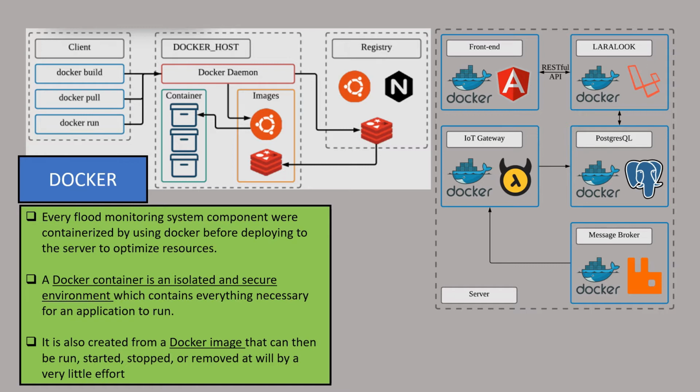A Docker container is an isolated and secure environment which contains everything necessary for an application to run. It is also created from a Docker image that can then be run, started, stopped, or removed at will with very little effort. Next, I will pass to my friend.